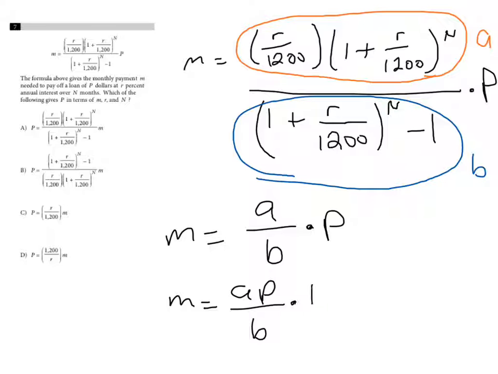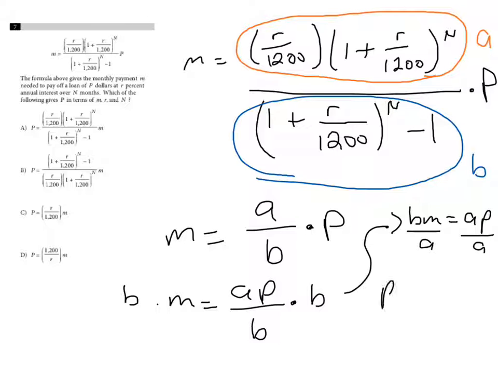So multiply both sides by B, and we'll have BM equals AP, and then to isolate P, you divide both sides by A, and P will end up being B times M over A. Okay, so our answer choice must have this huge part of our fraction, 1 plus R over 1200 to the n minus 1, that must now be in our denominator.